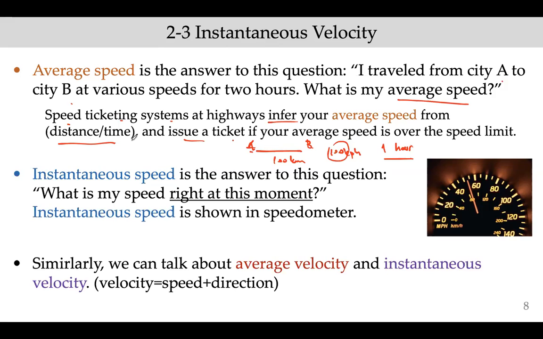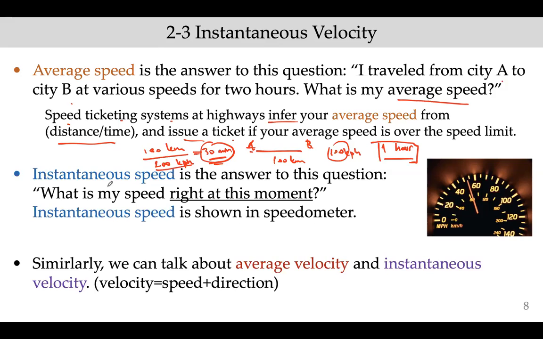So the distance is 100 kilometers, and let's say instead of 100 you drive at 200 kilometers per hour. That means 30 minutes. So this is way less than the expected time for that travel. So the system can actually issue a ticket, because from this hour calculation, it can infer your average speed.